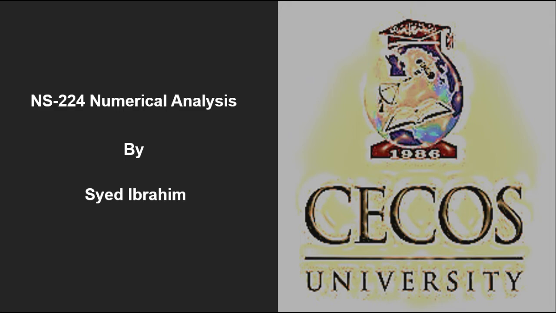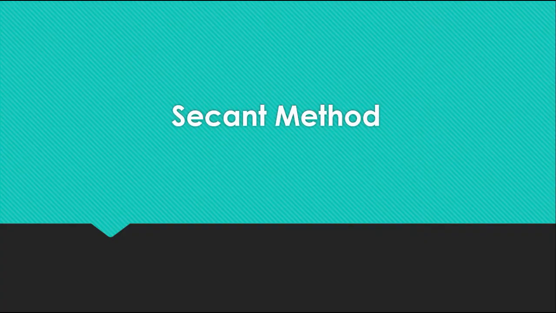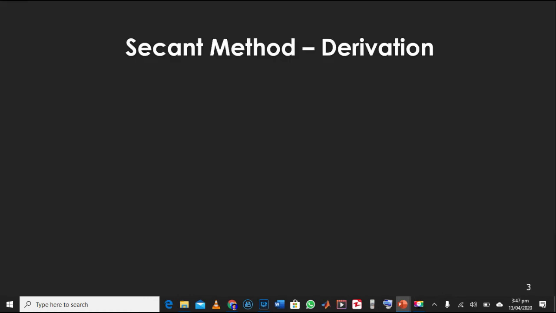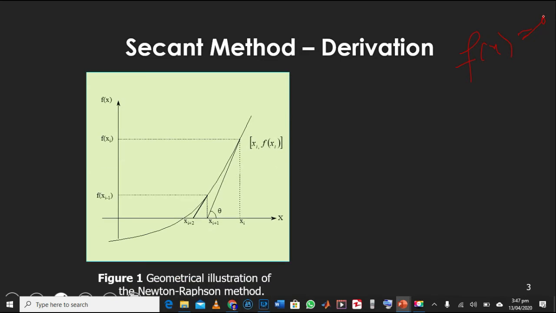In today's lecture, we are going to discuss the secant method. So, if someone gives you a nonlinear equation, f of x is equal to 0, and if I draw it graphically, it will give you a graph like that, where f of x is represented by that graph.